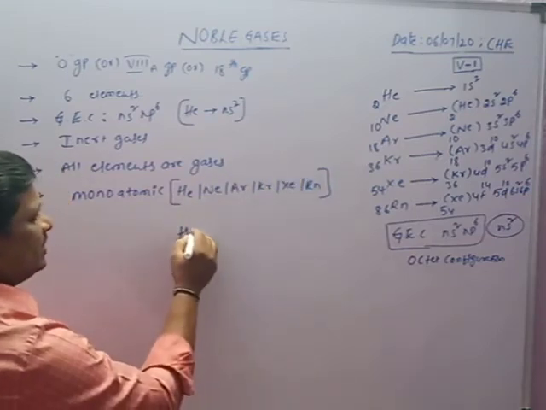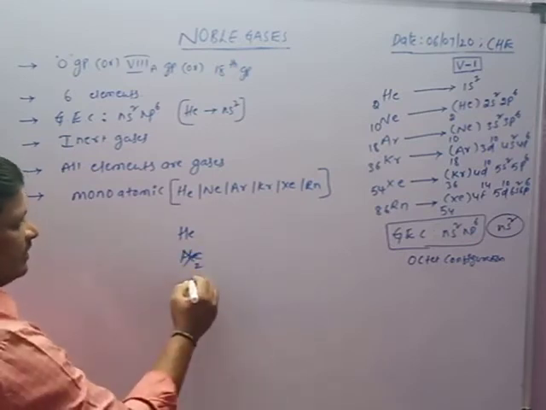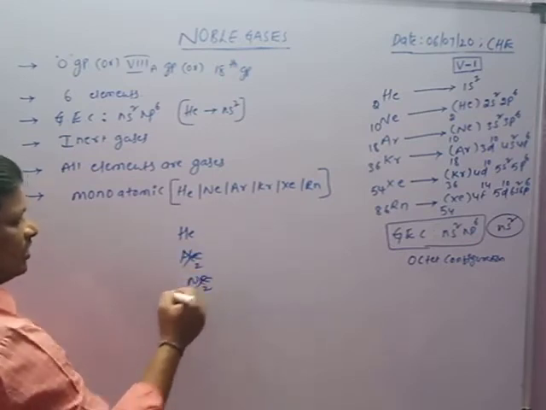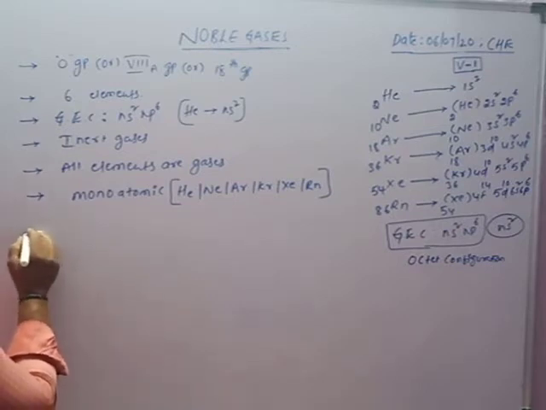He2 does not exist, and Ne2 does not exist, because these are chemically inactive and do not participate in any chemical reactions. So these are all monoatomic gases.